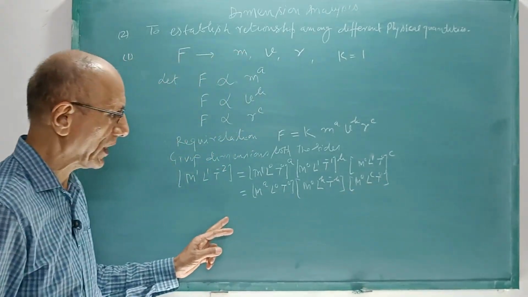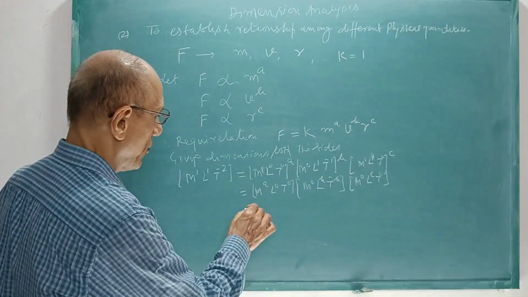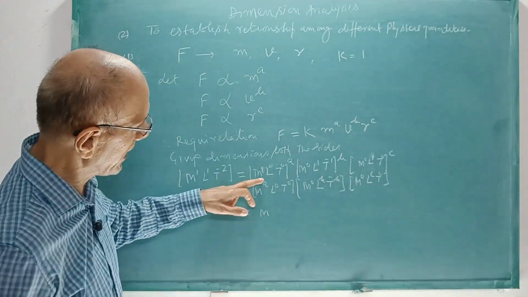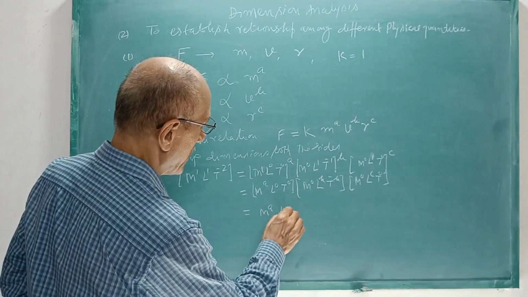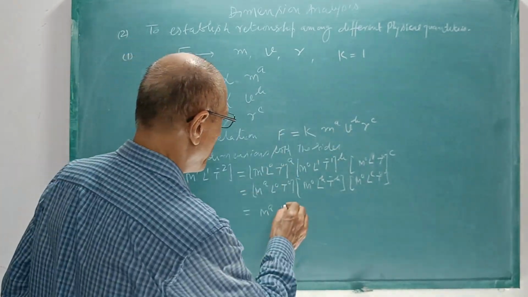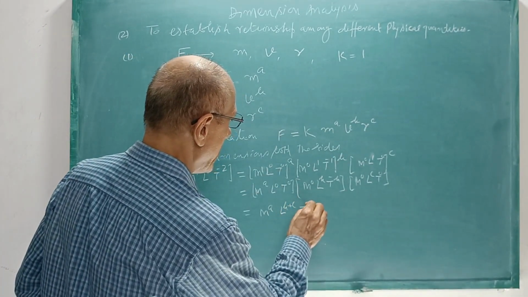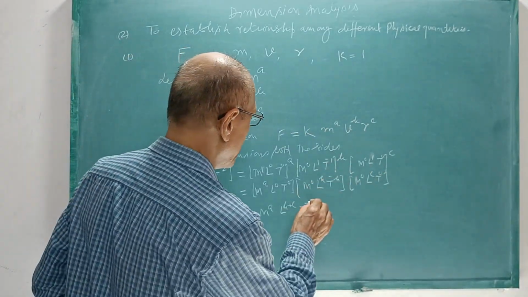Now according to the law of indices, the powers are to be added. So it will be M raised to power a plus 0 plus 0, that is M raised to power a, L raised to power 0 plus b plus c, that is b plus c, and T raised to power 0 minus b plus 0, that is minus b.